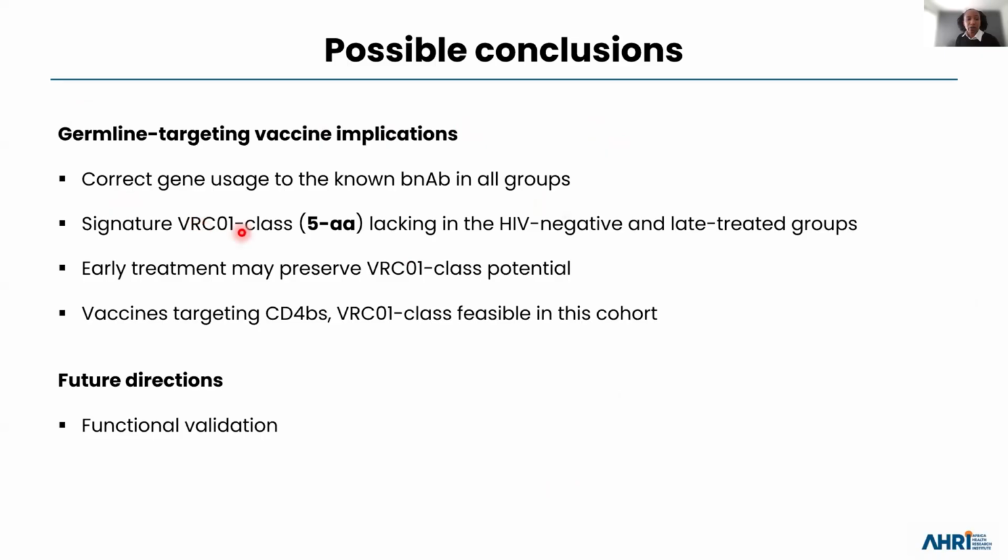We only see the signature for the VRC01 class in the early treated group; this is lacking in the HIV negative and late treated. So we think that early treatment may preserve the VRC01 class potential. We also think that vaccine targeting for the CD4 binding site could be feasible in this cohort because we have the correct features. They just need to be guided or be driven in the correct direction.